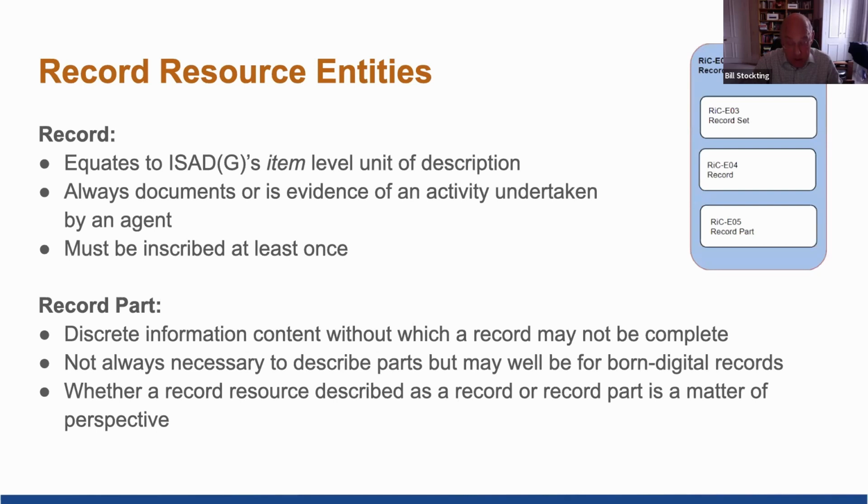In others, though, particularly with born digital records, it may well be necessary to meet the needs of those undertaking the description and enable ongoing preservation. Given this, one agent may describe a particular record resource as a record and another as a record part. As the purpose and functions of the agents may differ, though, the definition of a record resource as a record or record part is in itself a matter of perspective.